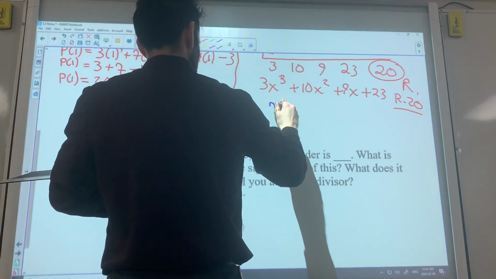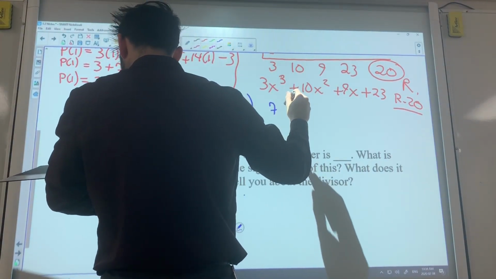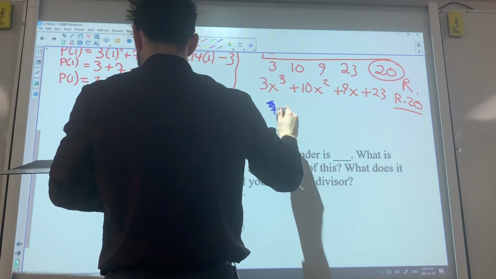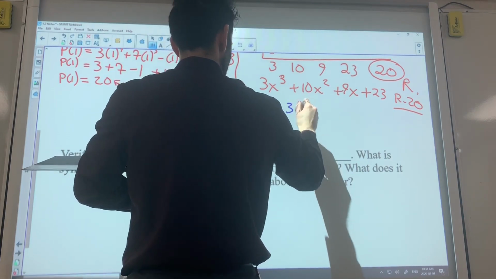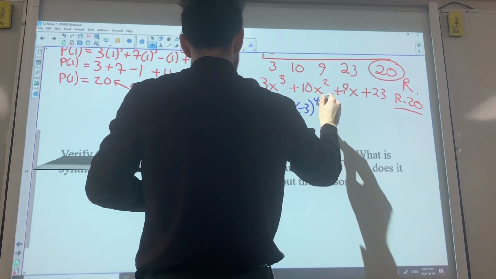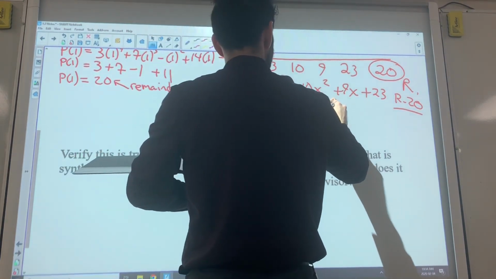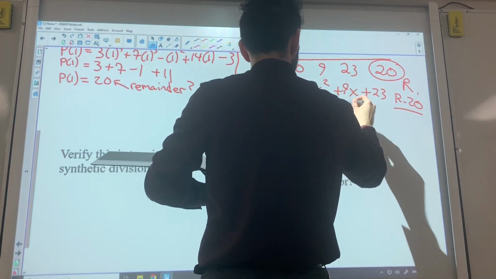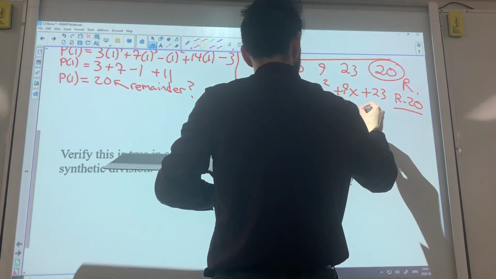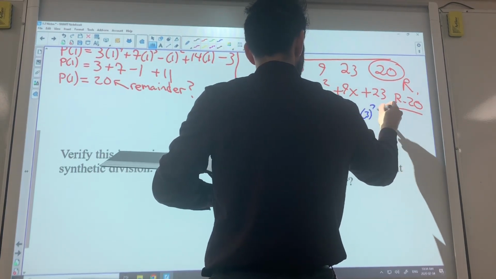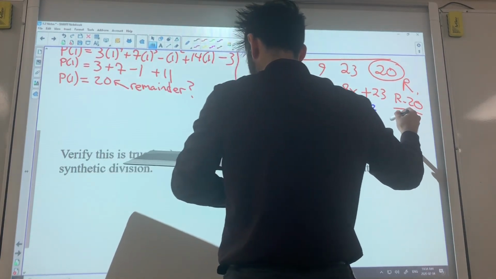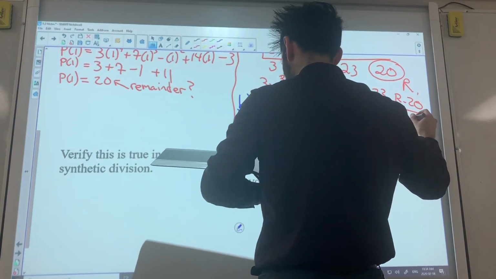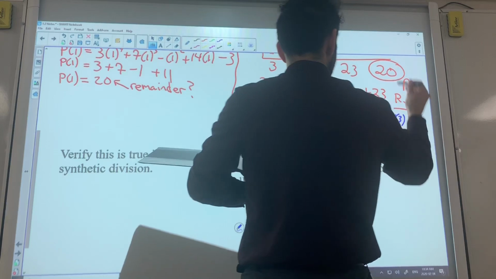So we're gonna go 7. Where did it go? That's a lie. It's negative 3 to the power of 4, plus 7 times negative 3 to the 3, subtract negative 3 squared, plus 14 times negative 3, subtract 3.